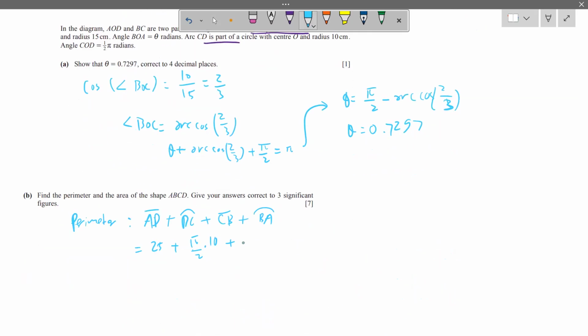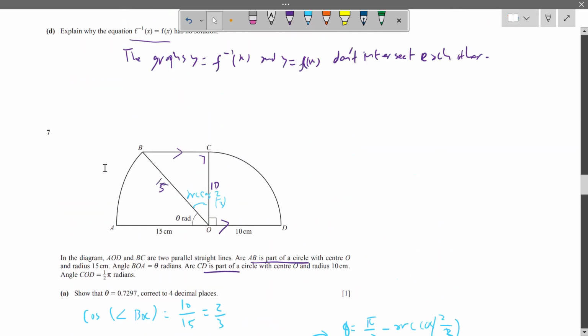The length of CB can be found using the Pythagorean theorem. CB here is the other leg of the triangle, and you find it using 15 squared minus 10 squared, which is equal to square root of 125, or 5 square root of 5.